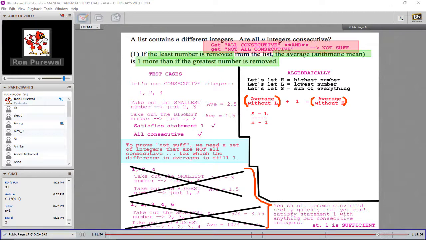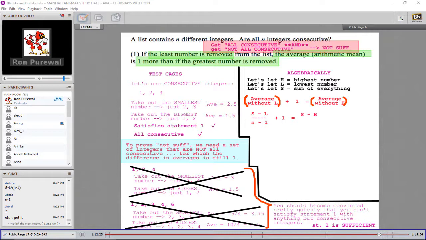If you're going to pick numbers, you should just pick numbers. Don't do half and half type of approaches. You want to pick a side of the fence and stay on it. If you're going to test cases, just test cases that are numbers. So that plus 1 equals the average without H. Same thing, you're just taking out H instead of L.